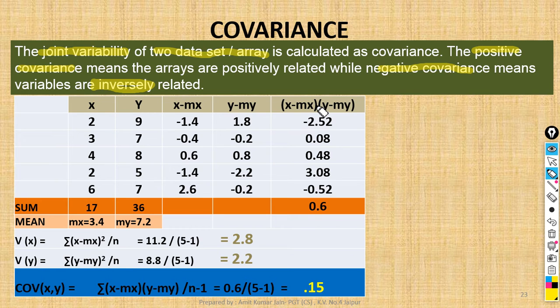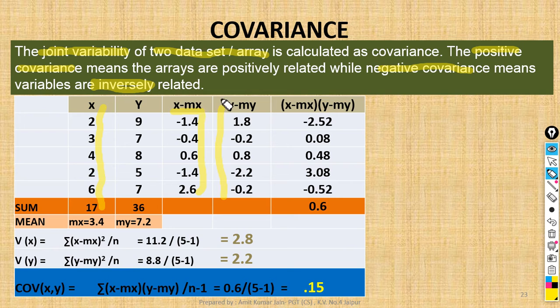To find the covariance in mathematics, in arithmetic, first we have to calculate x minus mx, x minus the mean value of x for each value, and y minus my for each value of y.